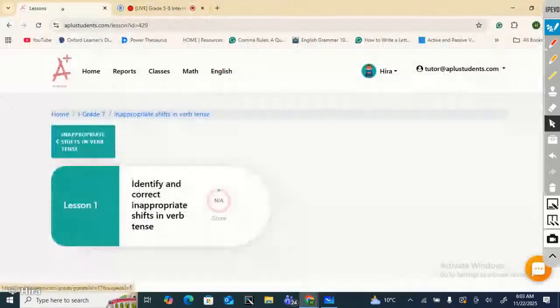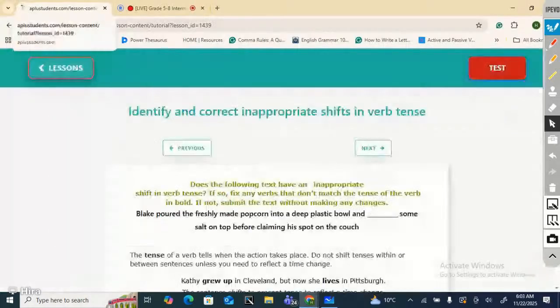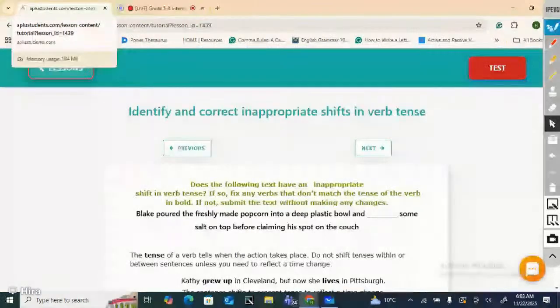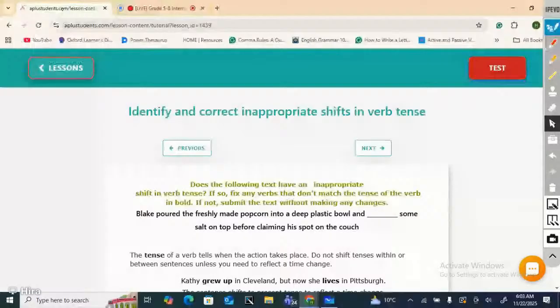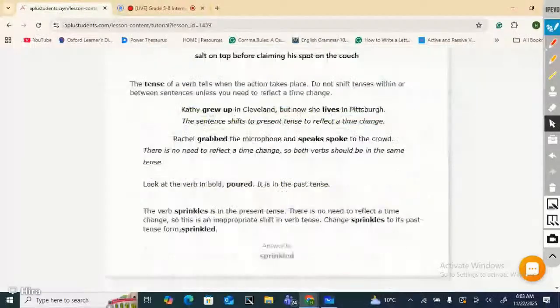So, open grade 7, chapter number 34, Inappropriate Shifts in Verb Tense. There is just one lesson. So, let's correct inappropriate shifts in verb tense. As the title suggests, inappropriate means not suitable.